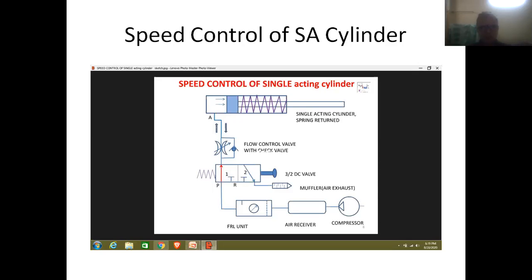You can once again have a look at all these items, the arrangement of various elements required for operating the circuit. So this is called speed control of a single acting cylinder.